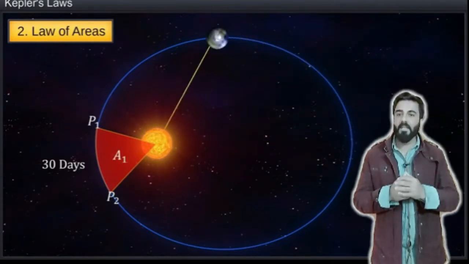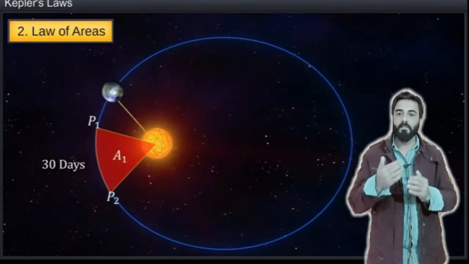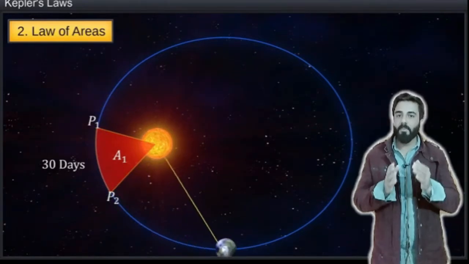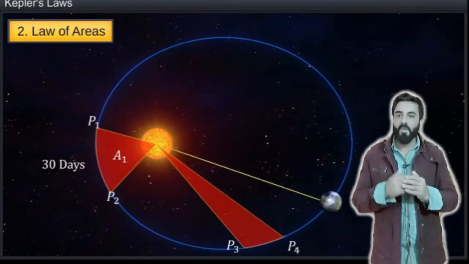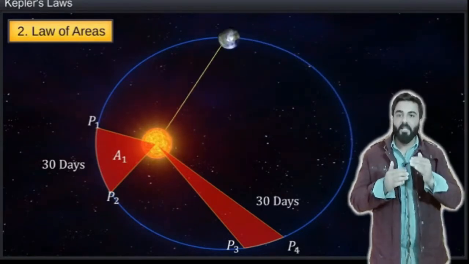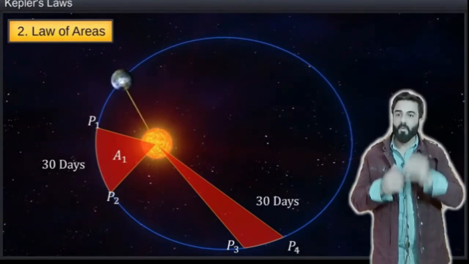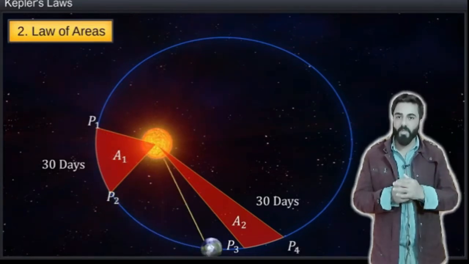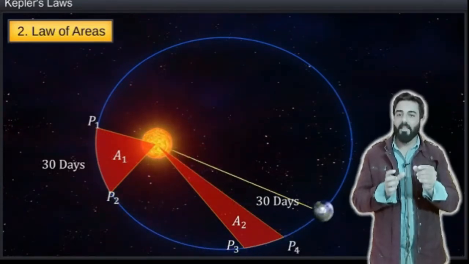Let A1 represent the area swept during this period. Similarly, let P3 and P4 represent 2 positions of the earth during its revolution for a 30 days duration, and the area swept is represented by A2.